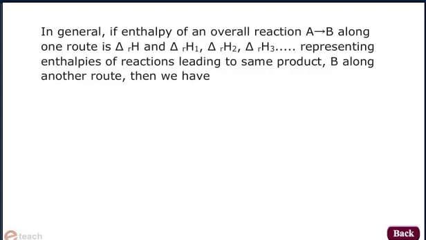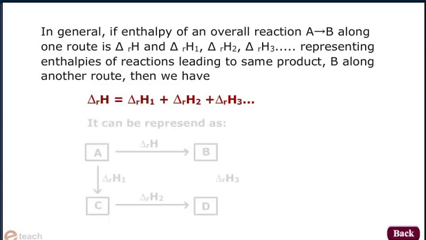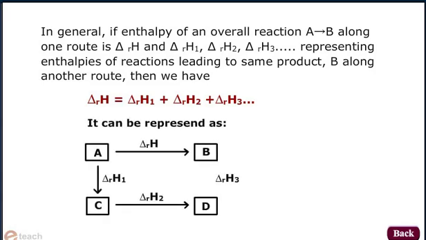In general, if the enthalpy of an overall reaction A giving B along one route is delta H R, and delta H R1, delta H R2, delta H R3 and so on represent enthalpies of reactions leading to the same product B along another route, then delta H reaction equals delta H reaction 1 plus delta H reaction 2 plus delta H reaction 3 and so on. It can be represented as shown.